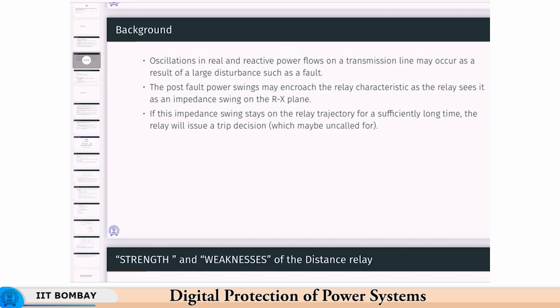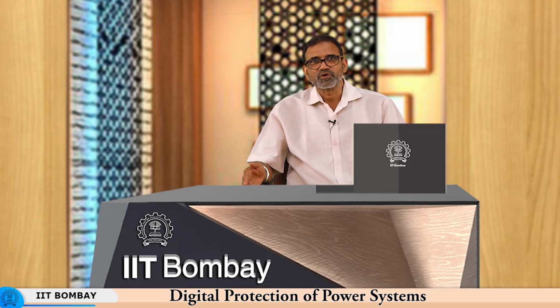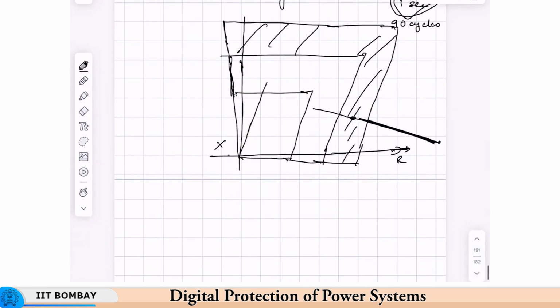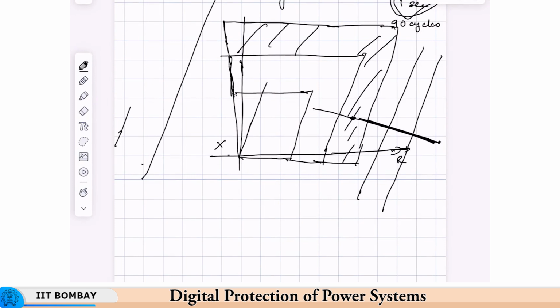Okay. There are conventional ways of doing this, like blinders, etc., and the time taken to cross them, but the setting of those blinders is based on simulations. You have blinders on both sides, or you can have a single blinder, and then the time taken by the impedance to cross is calculated, because you start the timer here and stop it there. This can be done only on the basis of simulations.